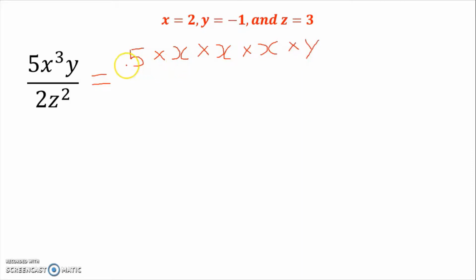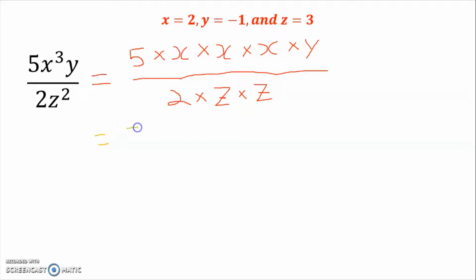That's what 5x cubed y means. Then we're going to divide this whole thing by 2z squared, or 2 multiplied by z multiplied by z. That's the expanded form. Now we need to substitute.